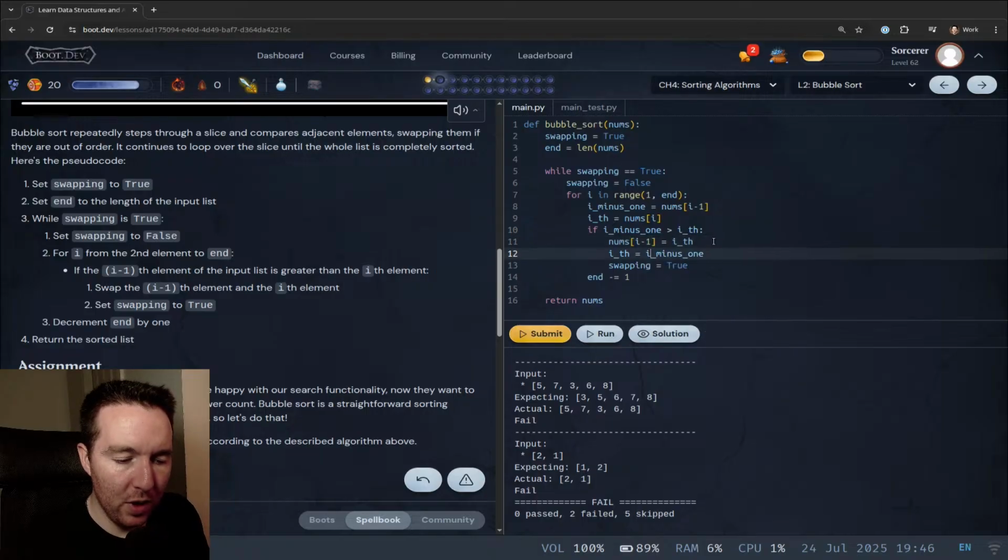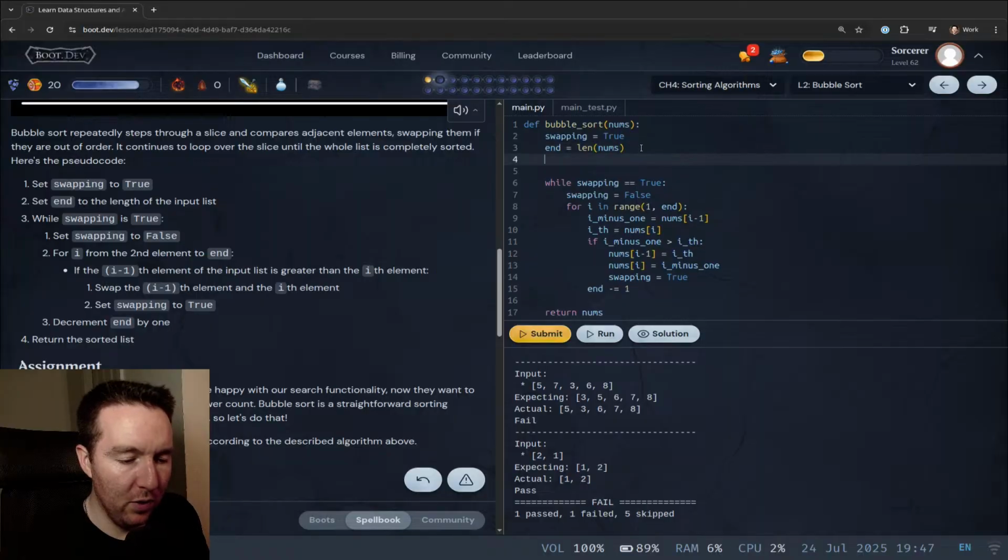Not remembering all the Python just yet. Nope. Actually, we didn't sort any of it, so maybe we just have to have a new thing. So sorted underscore list.